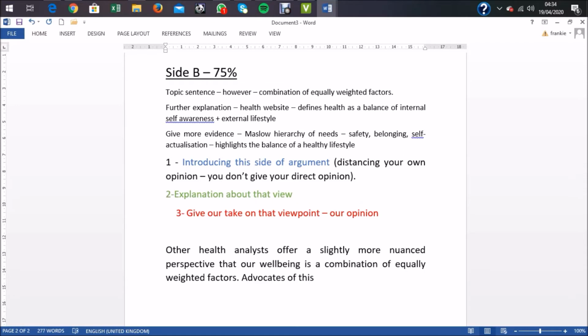Advocates of this school suggest that it is a balance of our internal emotional awareness and our lifestyle habits.